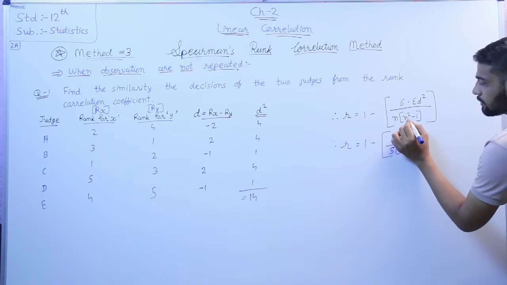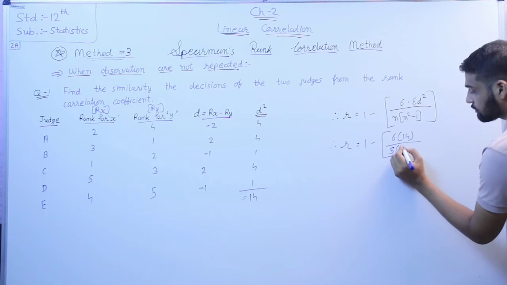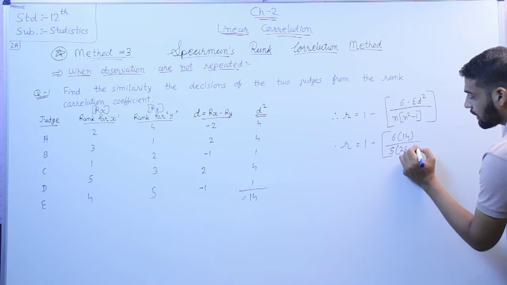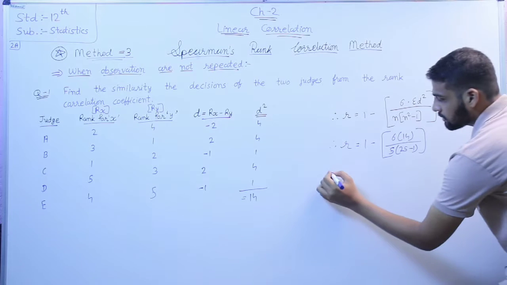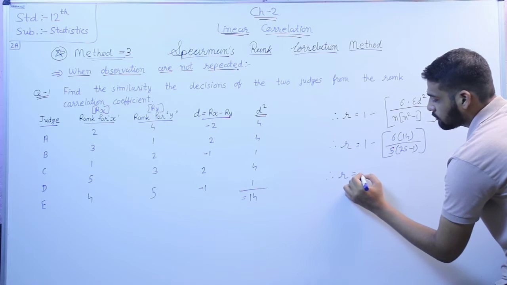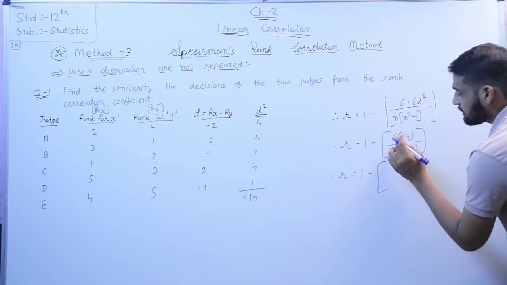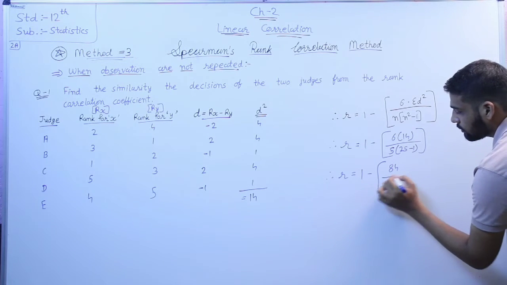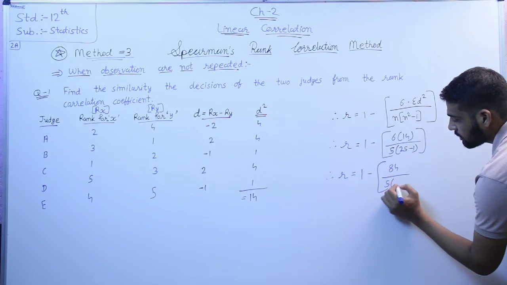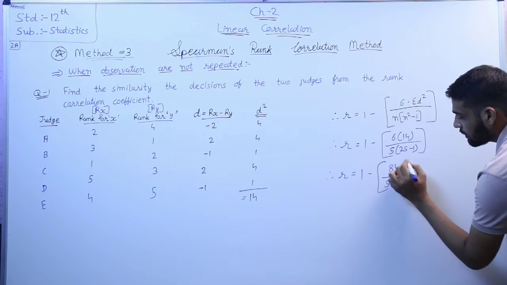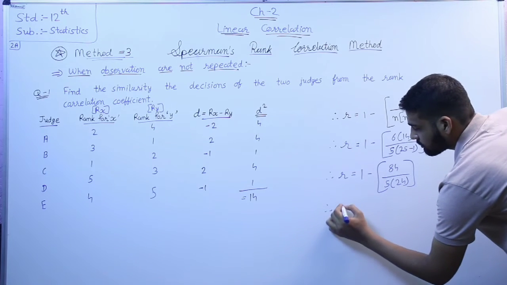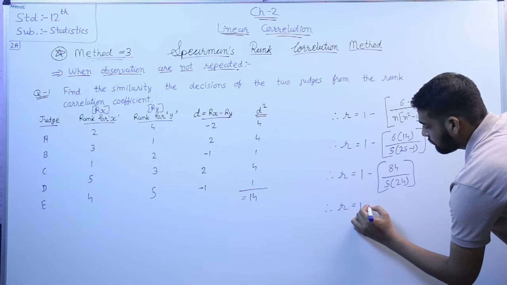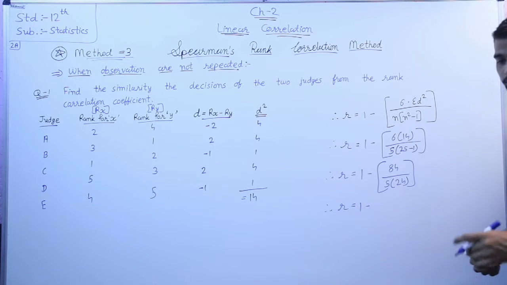In brackets, n square, that means 5 whole square, so 25 minus 1. So R is equal to 1 minus 6 multiplied by 14, that means 84, upon 5 into 24.